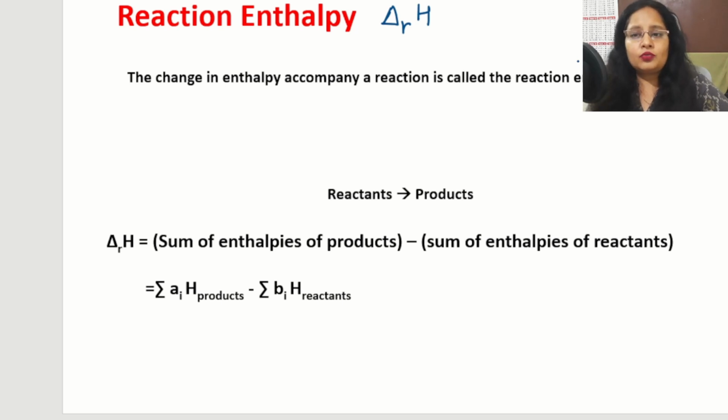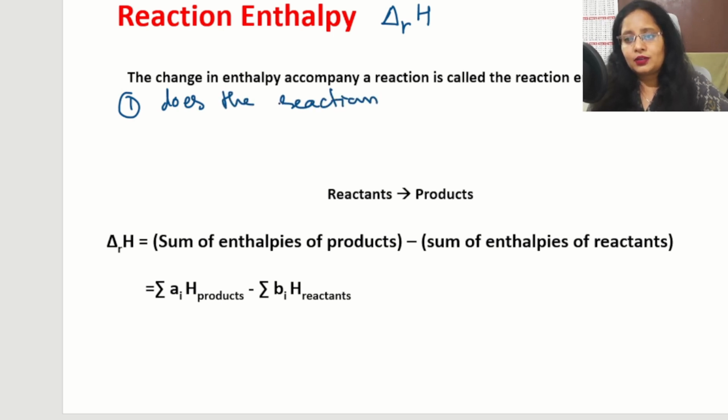Now, why are we going to study this? There are two very important uses. First, with the help of reaction enthalpy, we can understand whether the reaction is possible or not.